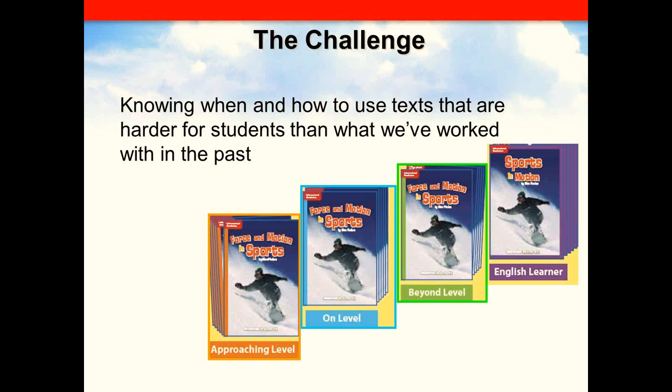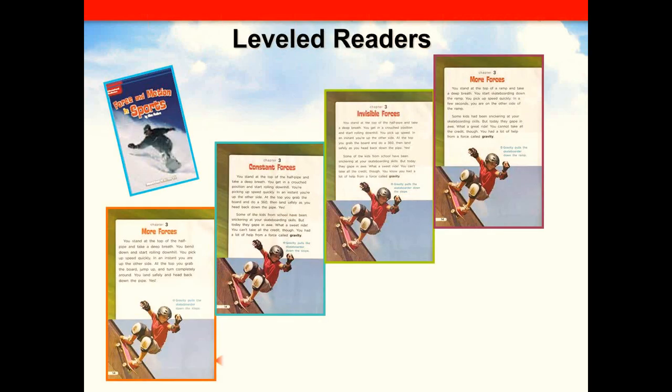Approaching level for struggling readers, beyond level for our advanced learners, and a sheltered version of the on-level book for our English language learners. All the books focus on the same topic, same vocabulary words, and same comprehension skills. For the nonfiction titles, the topic and the photos and all the images are the same, page by page in the book. What differs is the complexity of the text.